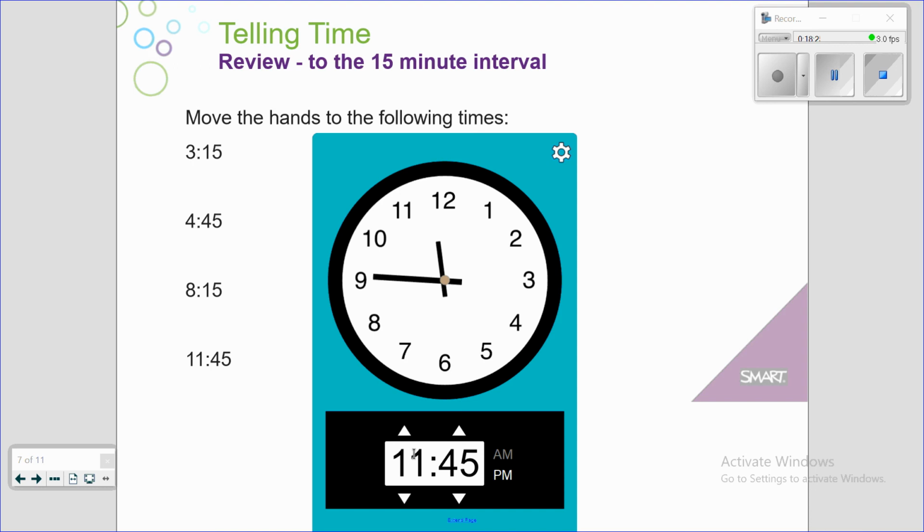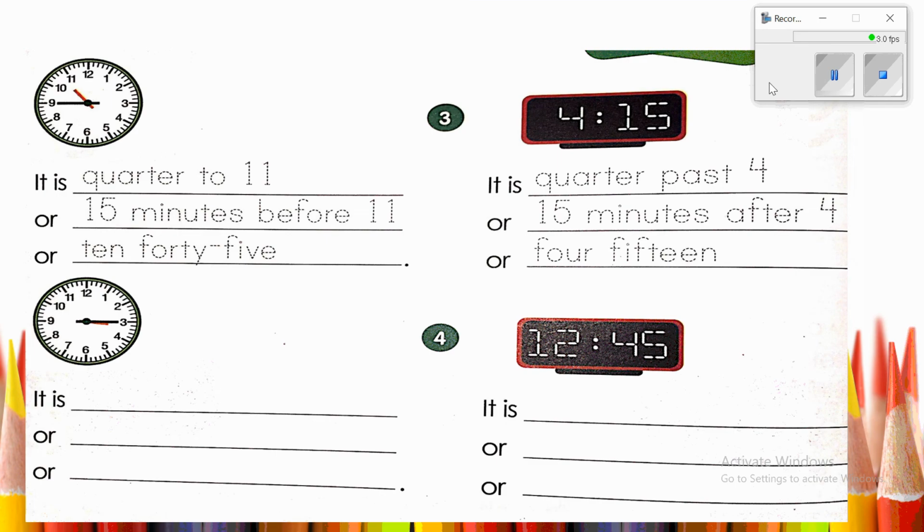But in the digital clock, I have to say it's 11:45. It will be the same hour with the digital clock. But in the analog clock, when I'm reading and using quarter to or quarter before, I have to say the next hour.